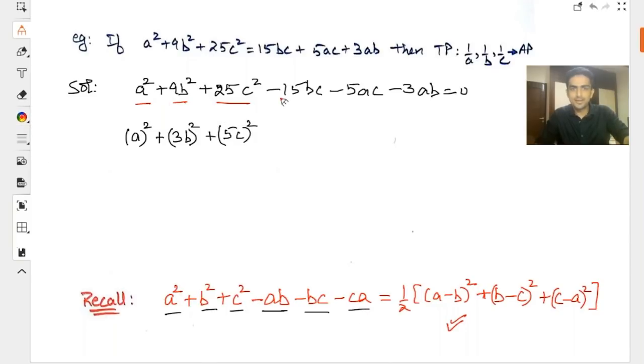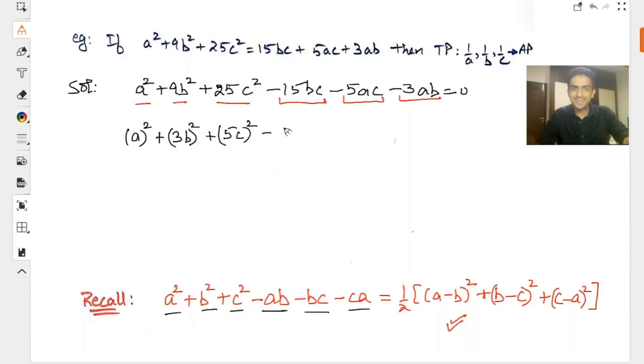Don't you think it is a product of second and third term, 3b and 5c? Here also it's a product of 5c and a, and it is a product of a into 3b.